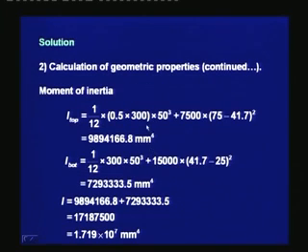We are calculating the moment of inertia of this equivalent section. First, we are calculating the I of the top part for the axis passing through the CGC. We are calculating I bottom for the bottom part, and then we are adding these two values to get the total I for the composite section.